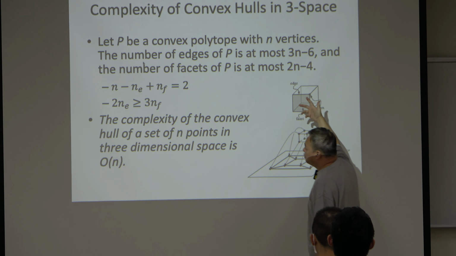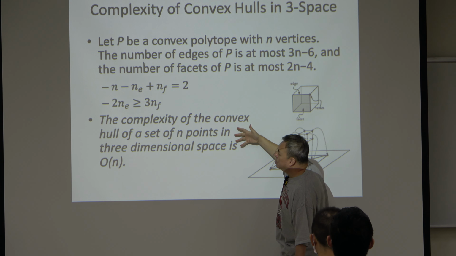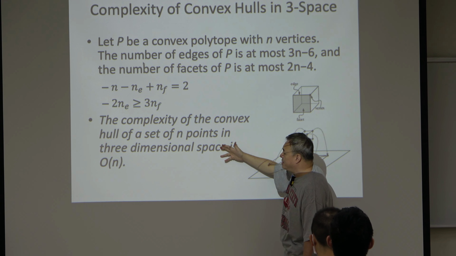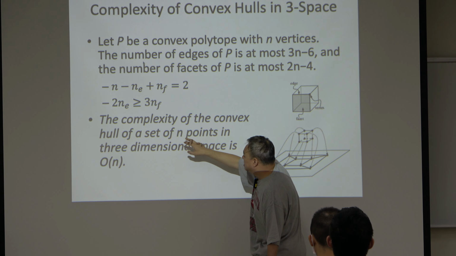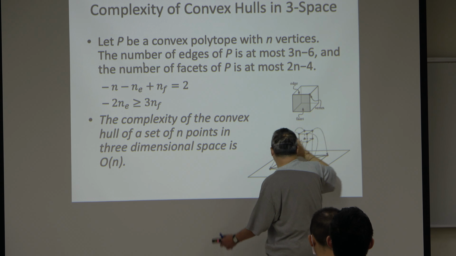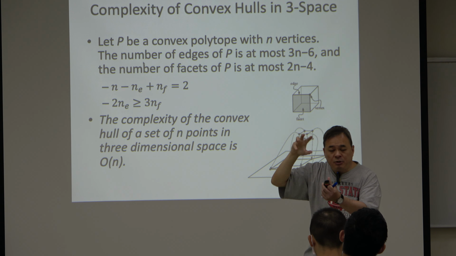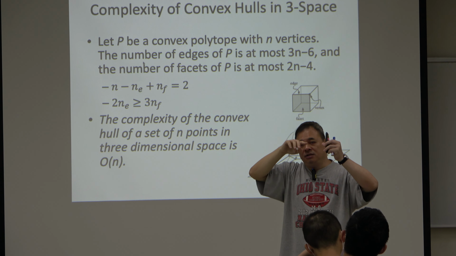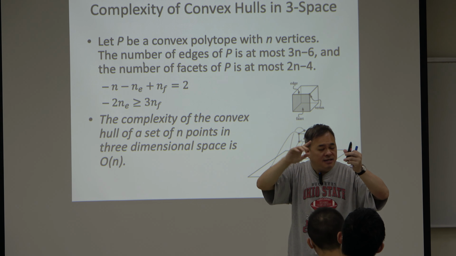The most important thing we know here is the complexity of the convex hull of a set of n points in three-dimensional space. I'm talking about this n points, and some points could appear inside the polytope. I'm talking about arbitrary n points in three dimensions, and I'm trying to use them to create a polytope. Think about this.